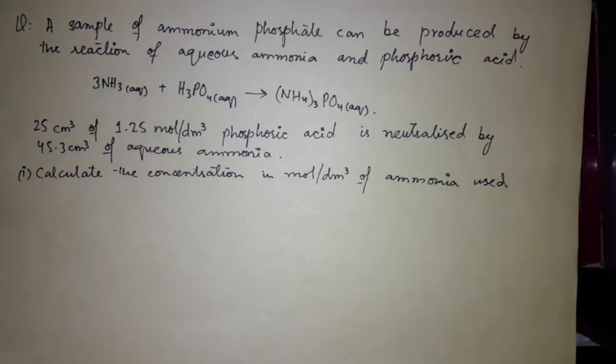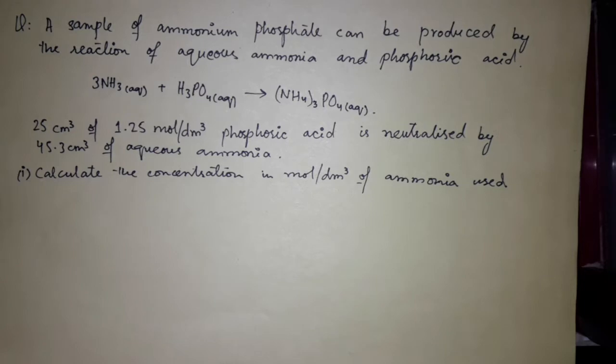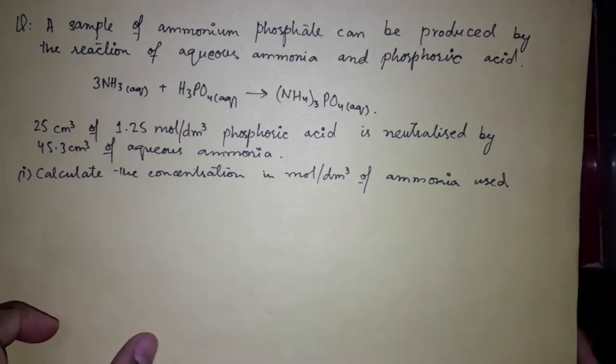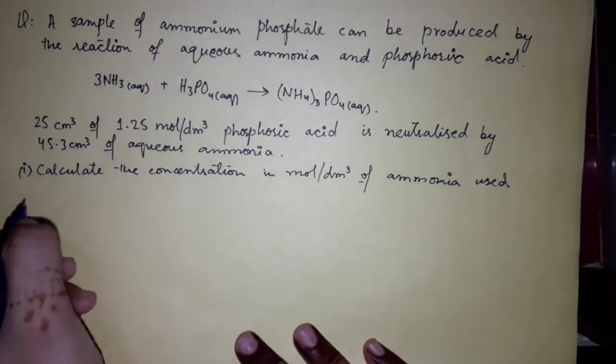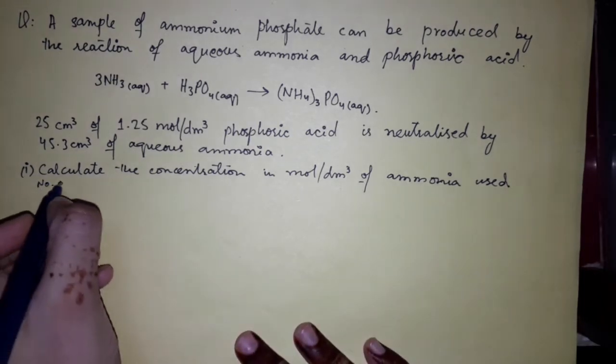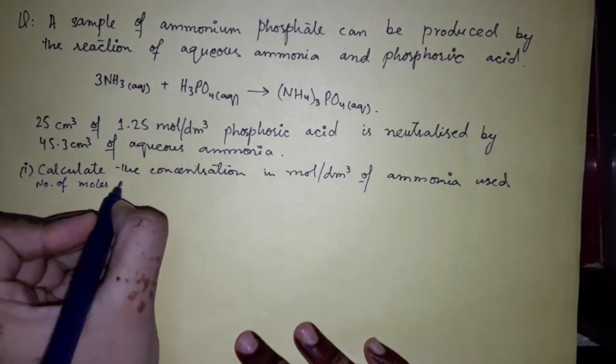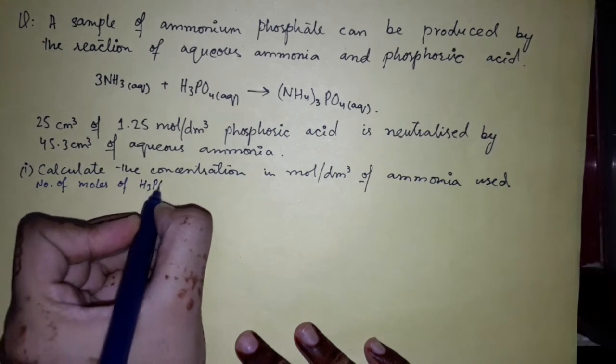In order to calculate the concentration of ammonia, we are given the concentration and volume of phosphoric acid. So we are going to calculate the number of moles of phosphoric acid.